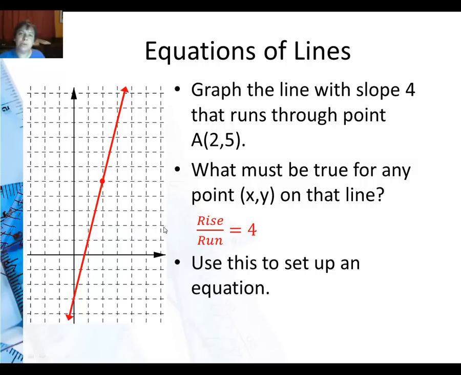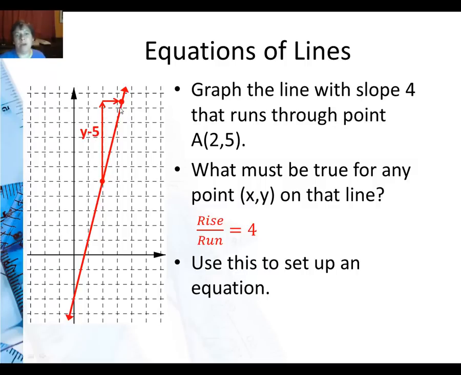So I'm going to use this to set up an equation. I'm going to pick a random point, and I put it up here on purpose so you wouldn't know what the coordinates were. We're going to have the rise here and the run there, but it's not 4 and 1 anymore. I know these coordinates are (x, y). So this rise is going to be whatever y is minus 5.